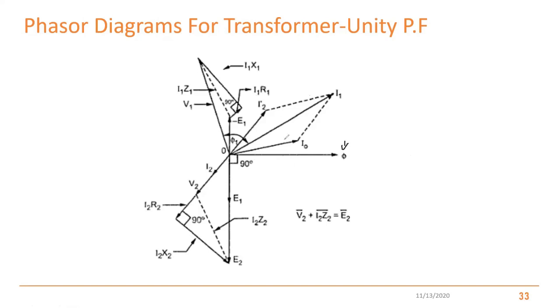Then the no load current phasor is somewhat like this. Suppose the E1 and E2 phasors are 90 degrees lagging the flux phasor.